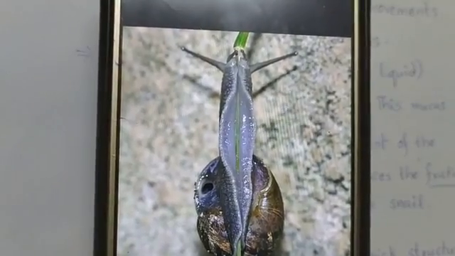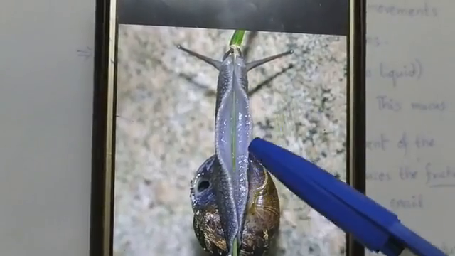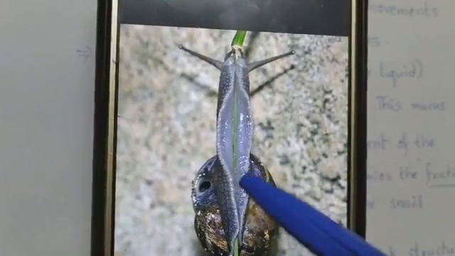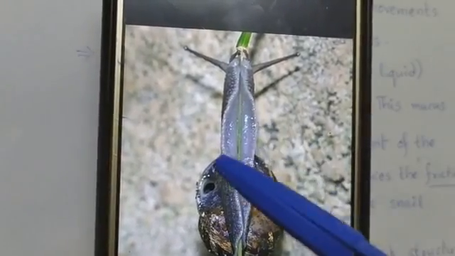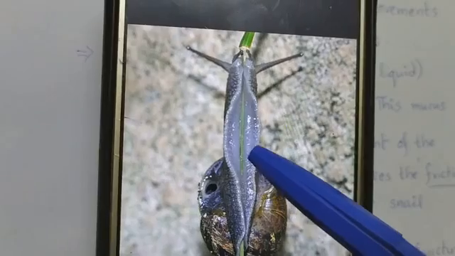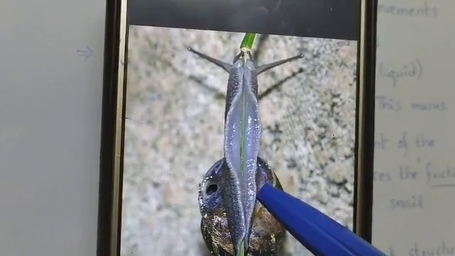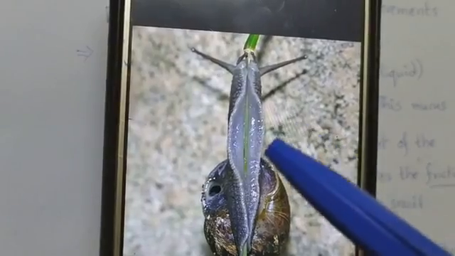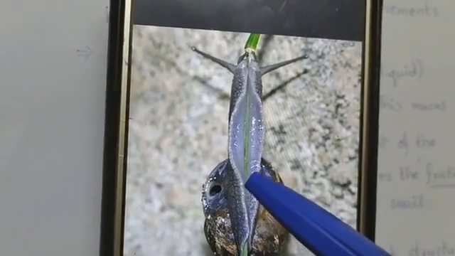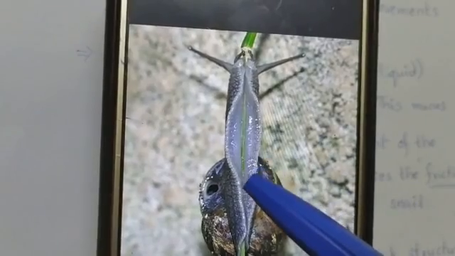You can see the muscular foot. This is the muscular foot of the snail, on the downside, which will make the wave-shaped movements by the muscular contractions. And how does it make the wave-shaped movements, and how does it cause movement in the snail? We will watch now.